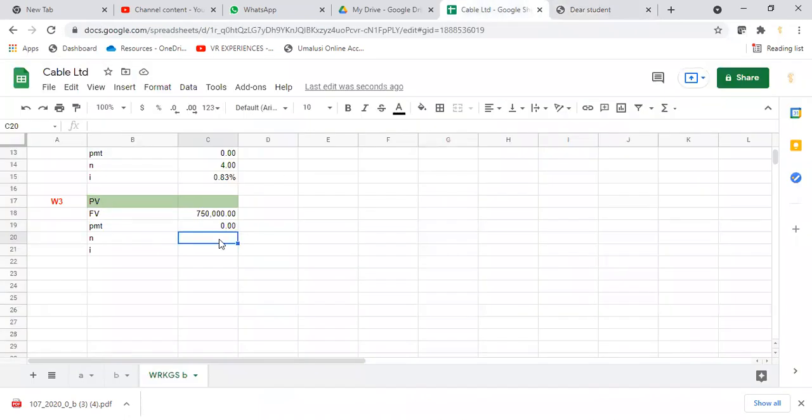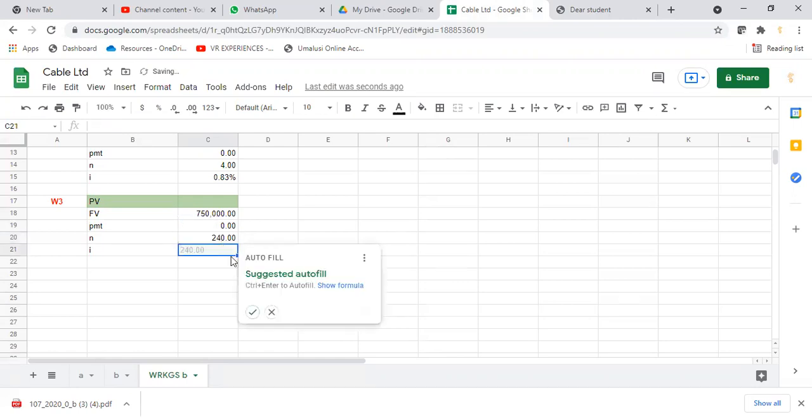So once again, N is 20 years. But remember, N is the remaining number of compounding periods, or the remaining number of years, or the remaining number of payment periods. There are no payments, so we talk about compounding periods. The compounding period is monthly, and the number of years is 20, multiplied by 12 compounding periods per year because it is monthly.